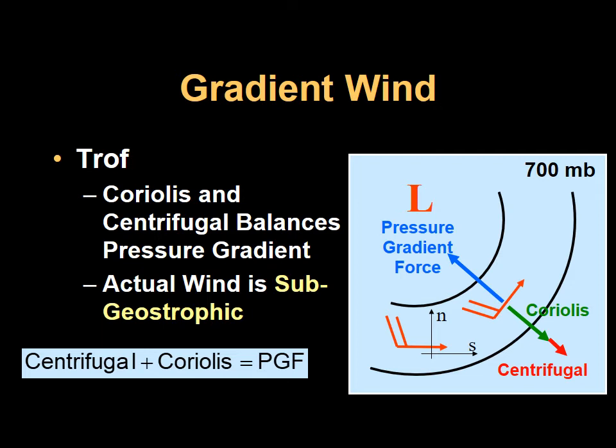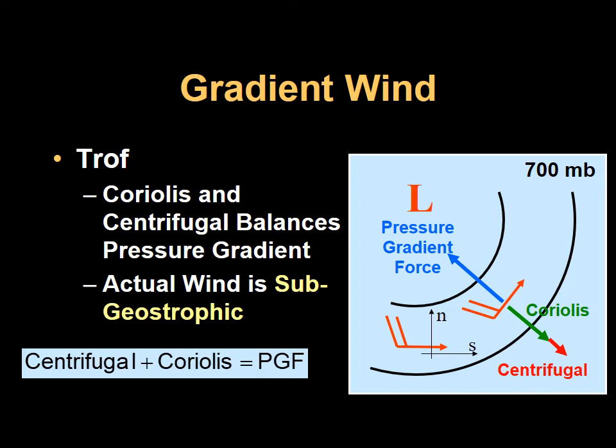A pressure gradient force is strictly a result of the gradient. And if you have a certain gradient, you have a certain pressure gradient force. However, Coriolis force is directly proportional to the strength of the wind. Remember, Coriolis was f times V. So Coriolis and centrifugal will balance the pressure gradient force.